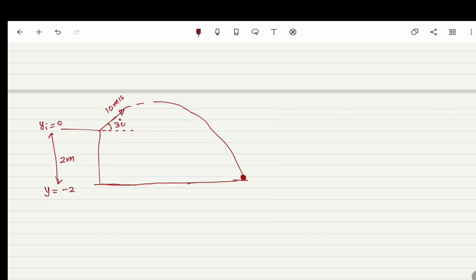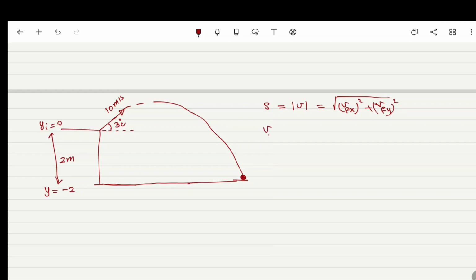The initial velocity here is 10 meters per second, and it's thrown with an angle of 30 degrees. Now to calculate the speed, which is actually the magnitude of v, equal to the square root of v final x square plus v final y square.